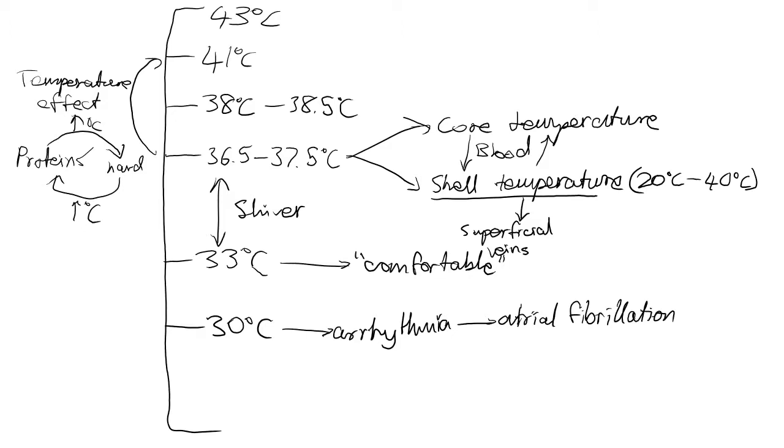Now, the final limit for life usually occurs when your body temperature reaches the lower end of 28 degrees Celsius. That's essentially when ventricular fibrillation or ventricular arrhythmias occur.